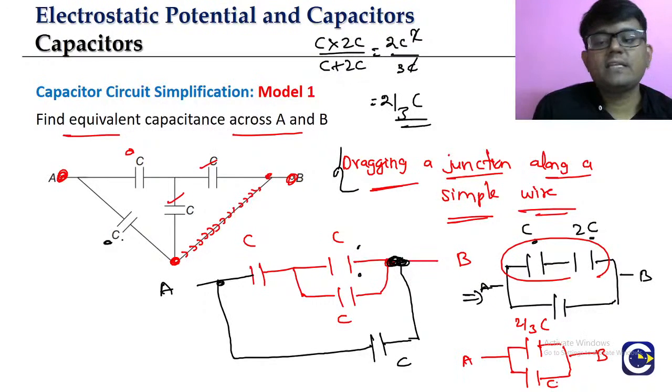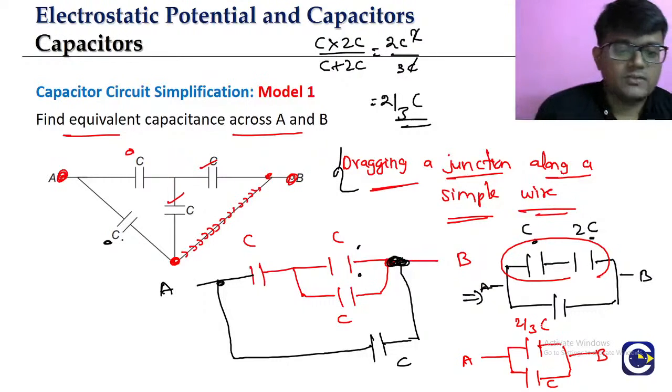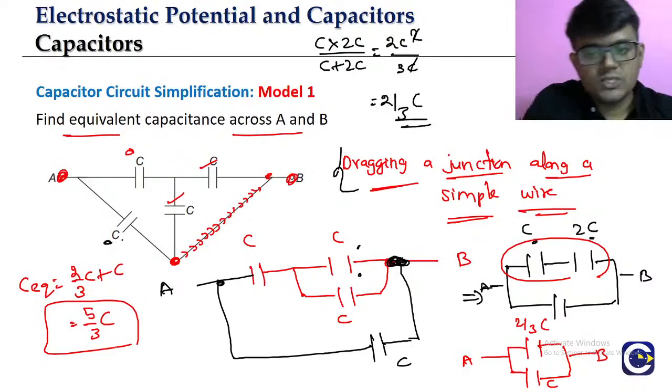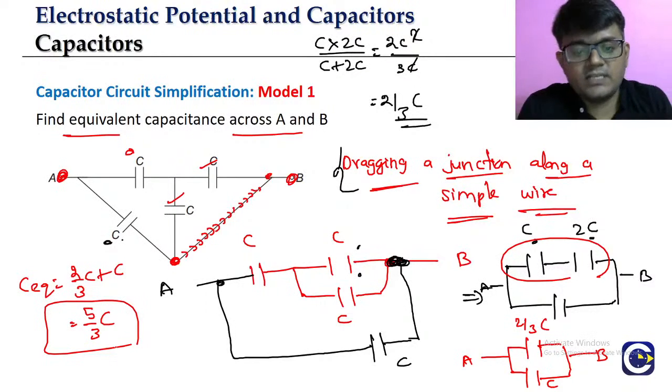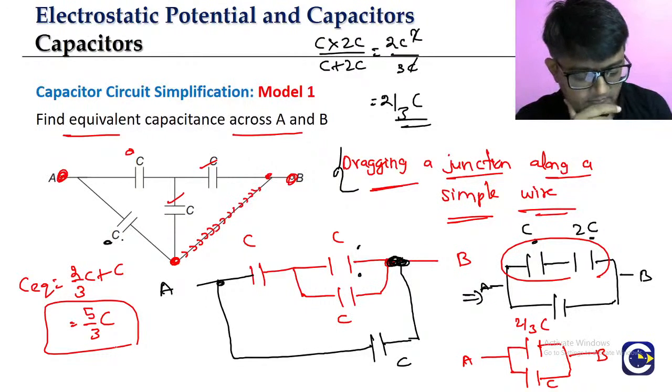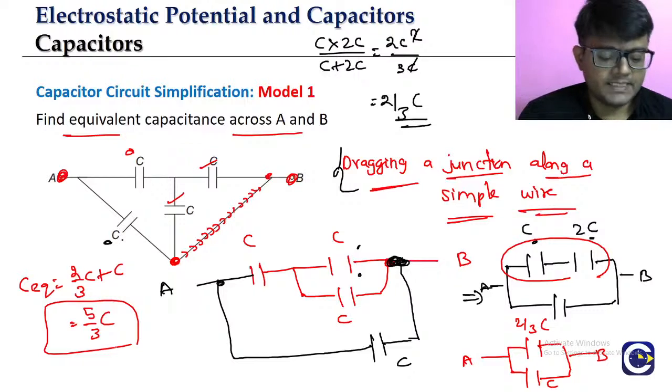So the 2 by 3C and the C, they both are in parallel, right? So what is the final C equivalent value? Parallel means what? C1 plus C2. What is it? 5 by 3C, look. So then this is a standard question. This is called what? Dragging a junction along a wire. Okay, so check in the problem.